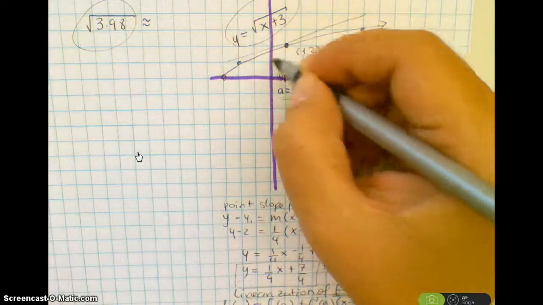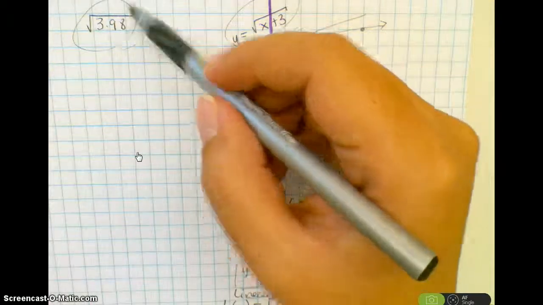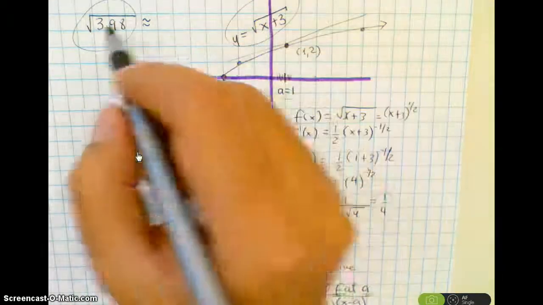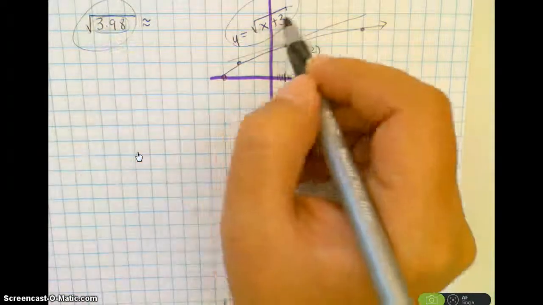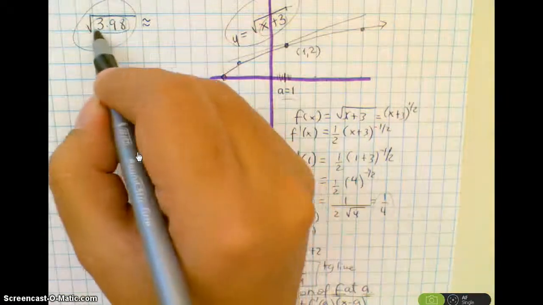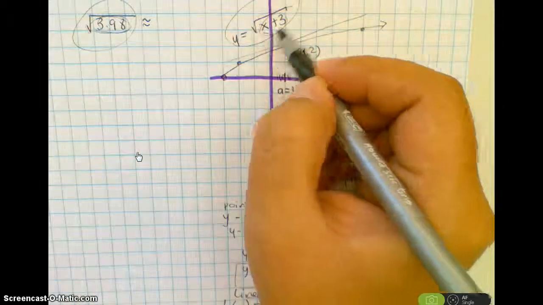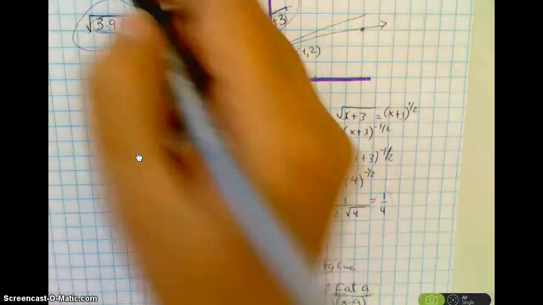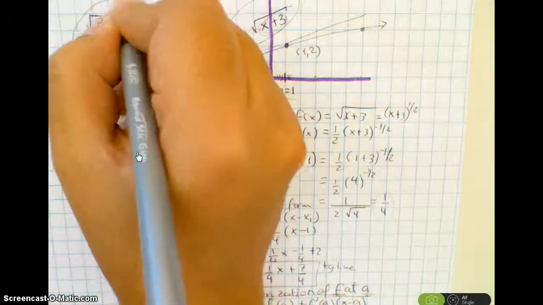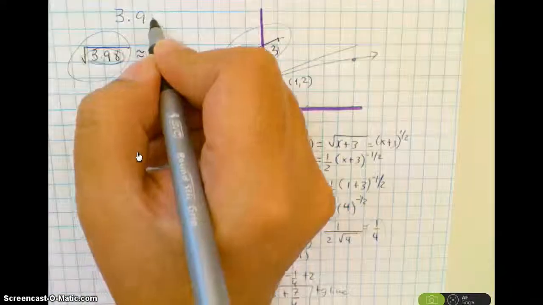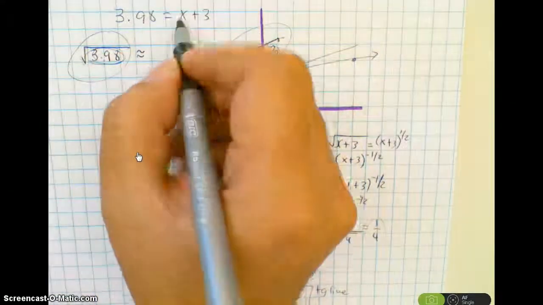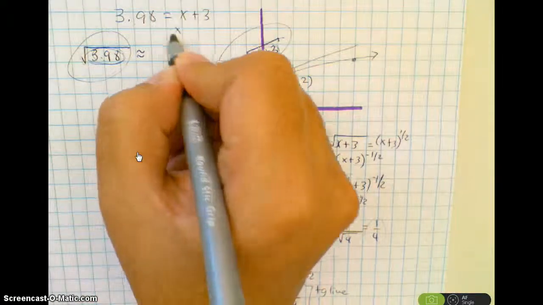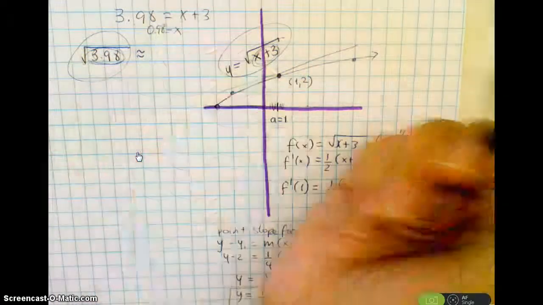So how much is the x that you can use to calculate this? Well, if you compare these two functions, I see that the square root is the same and the inside looks different. So if 3.98 is x plus 3, how much is the value of that x that I need to use? Therefore x is 0.98.